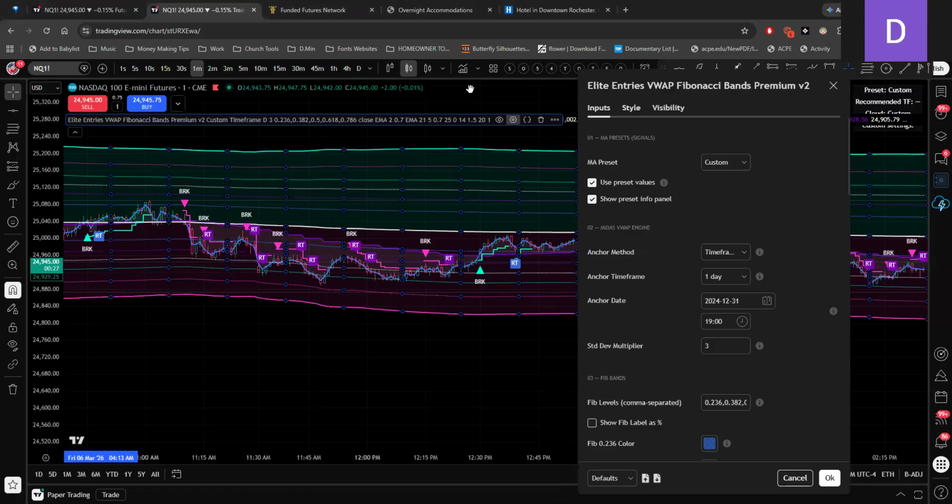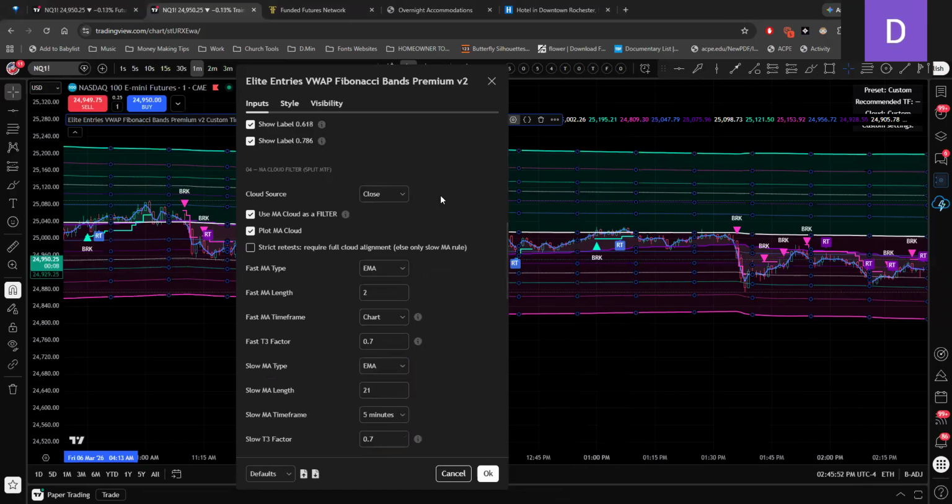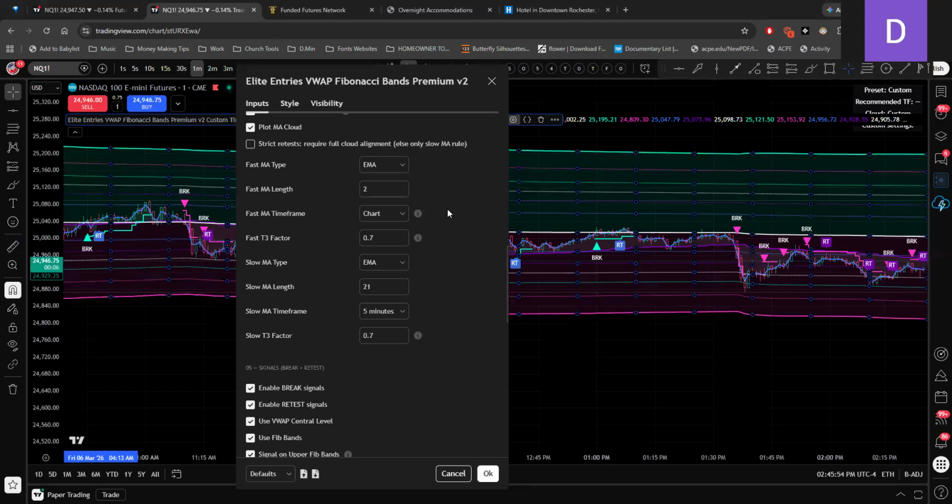All right. When you first load it up, it's going to start on custom. This is how you control, as you can see, your signals. Your MA preset controls your signals. The signals are based on levels that break according to the direction of the moving averages.